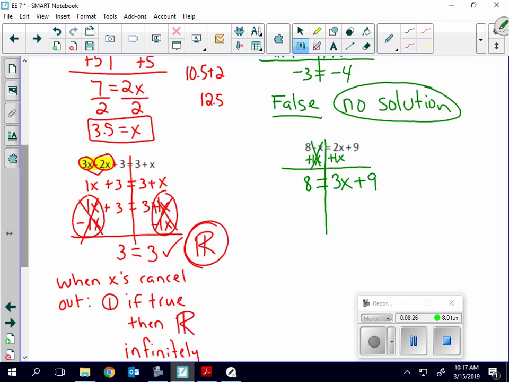Now I need to get everything away from x, so I need to subtract the 9 first. This is a negative 1 equaling 3x. And when I divide by 3, I get negative 1/3 equals x.